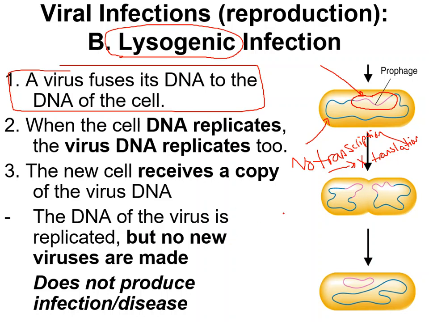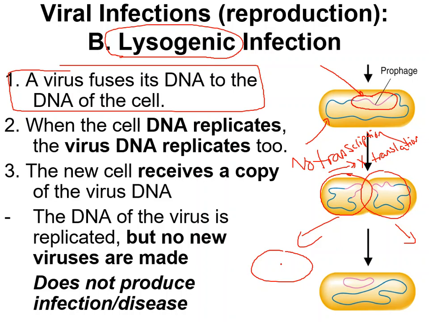So you're not going to get assembly of viral particles. What you will get, however, is every time this cell divides and undergoes mitosis or binary fission in the case of a bacterial cell, it copies the viral DNA or RNA as well, and the new daughter cells also have the new viral DNA or RNA in them.